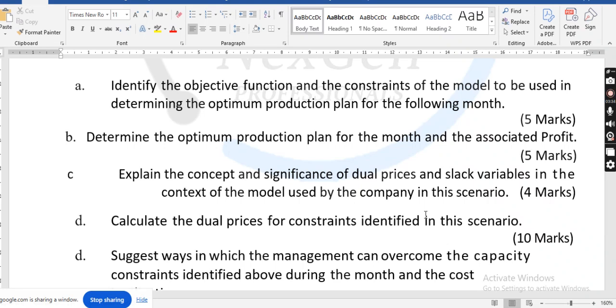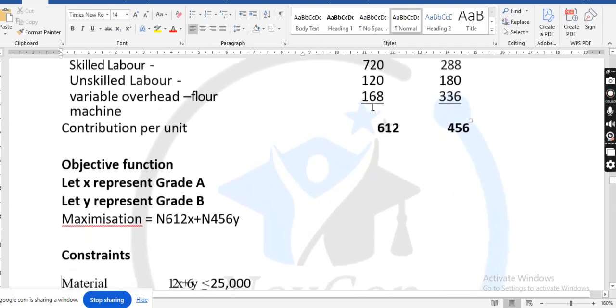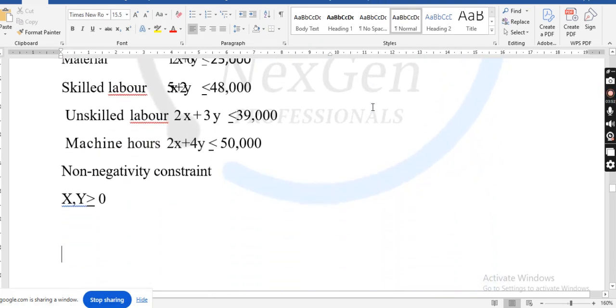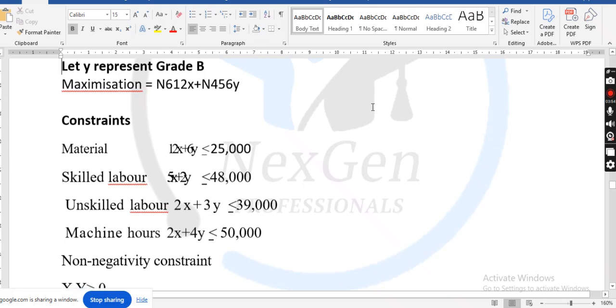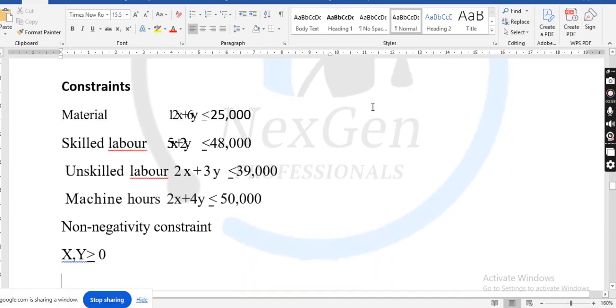However, the A part of this question says to identify the objective function and the constraints of the model to be used in determining the optimum production plan for the following month. So now, let's convert this A part. Let's convert our constraints to equations before we do the production plan.